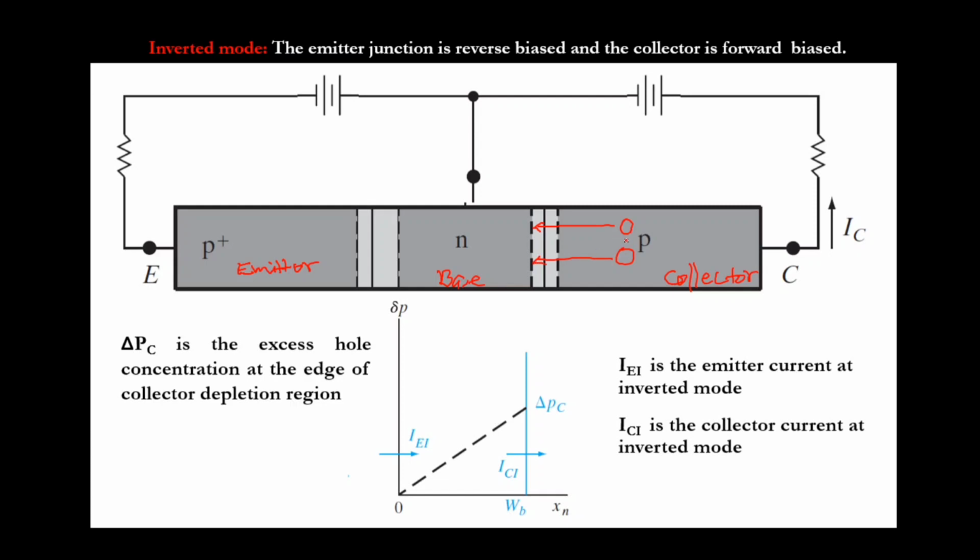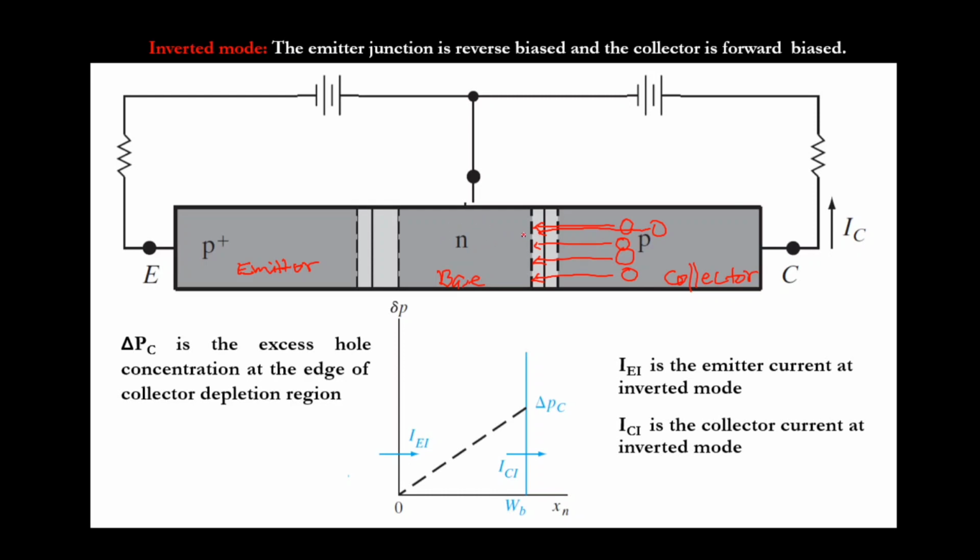This is the collector only. We are not going to change the name of this portion, but I have biased it the other way, in inverted mode. The holes will transfer from the moderately doped p region and reach the base, the n-type material.